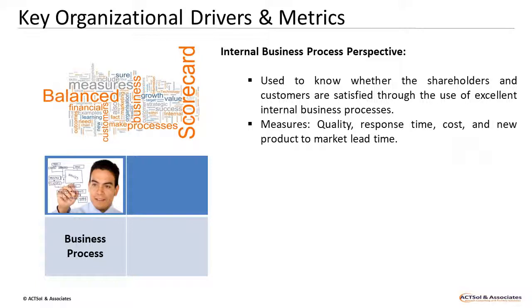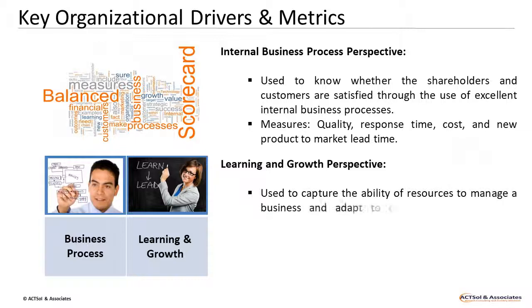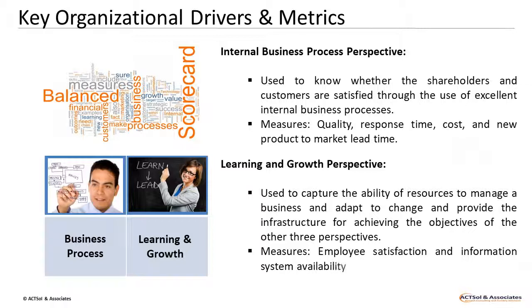Number 4, the learning and growth perspective. This is used to capture the ability of resources to manage a business and adapt to change and provide the infrastructure for achieving the objectives of the other 3 perspectives. Measures generally included here are employee satisfaction and information system availability.